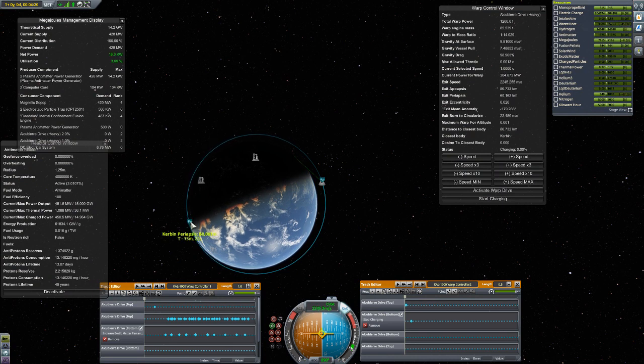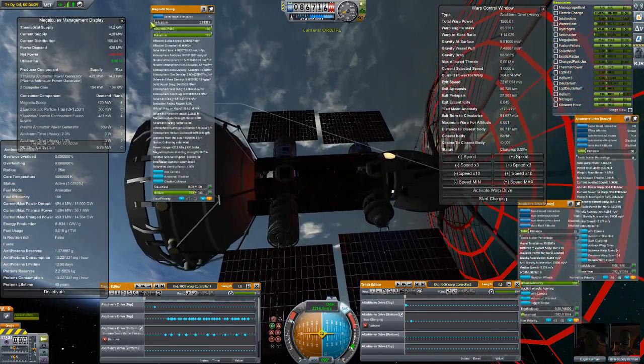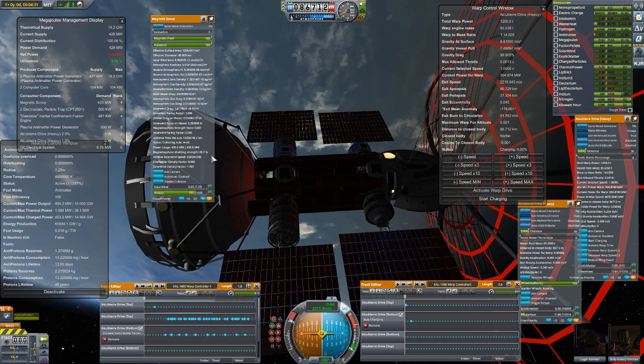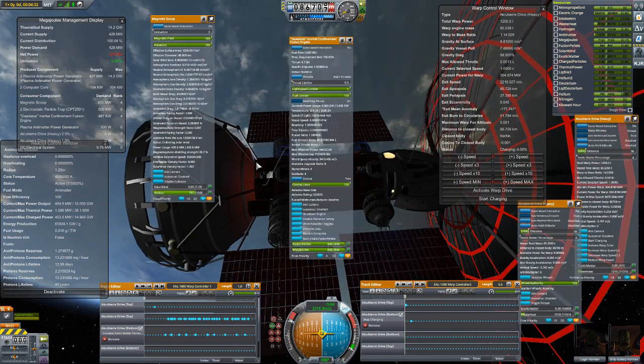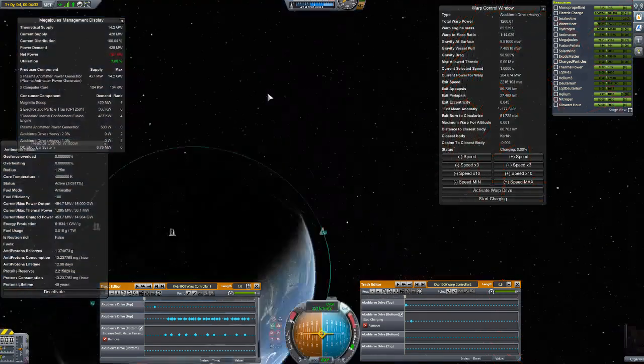And we are losing, so we have to actually speed up now. Oh wow, that's actually extremely powerful. Let's turn that off. Alright, 4.7 kilonewtons was not enough to counter the drag produced by ionization at this altitude.